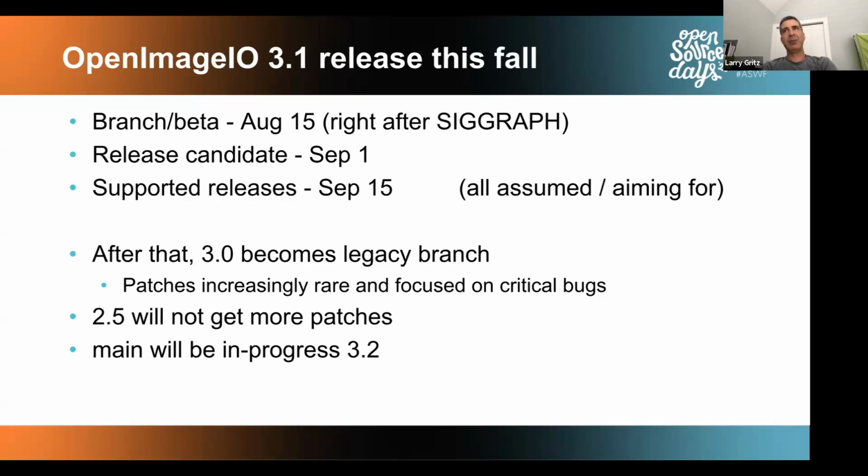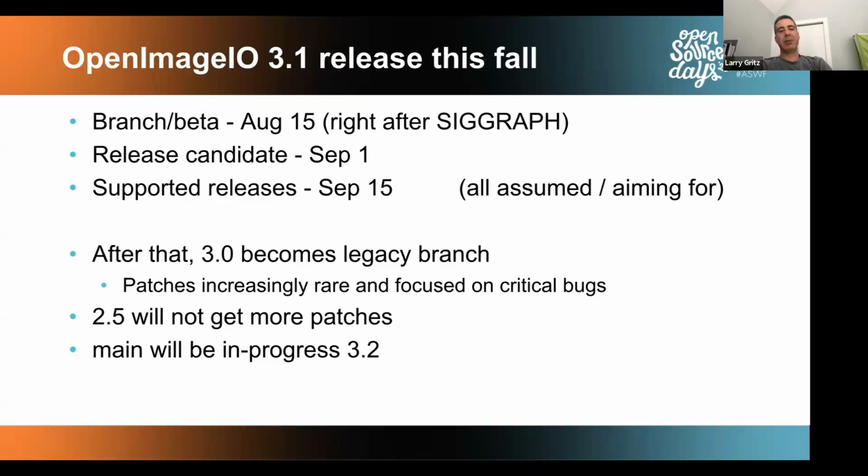We will keep making patches there for important things, mostly bug fixes or sometimes other things upon request, but over the course of the next year those updates will become more and more infrequent and eventually tail off. And what's currently the legacy branch of 2.5, which barely gets any updates at all, will definitely not get anything after September, unless there's some amazing emergency.